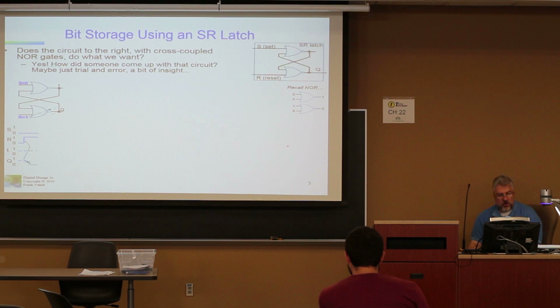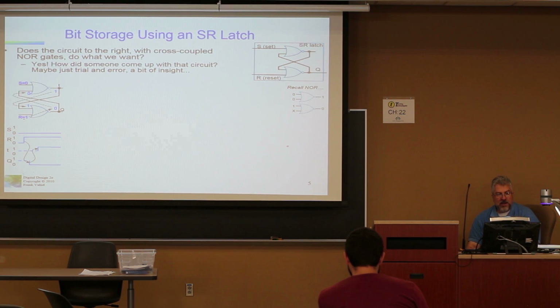So then the output goes to 0. Now we have a 0, 0 here. So our T goes from unknown or floating up to 1. So what we've done here is we have a set and reset.